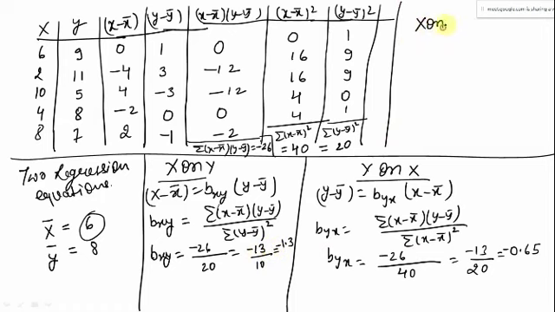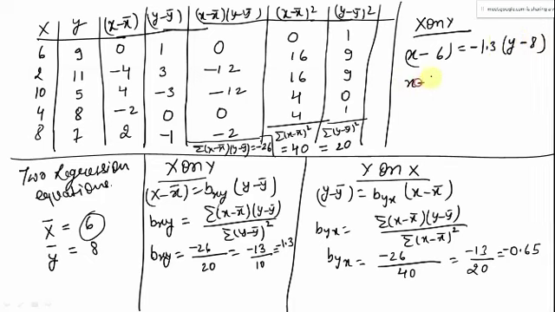For the x on y equation, if we find it out, we'll put all these values. So x minus x bar, which is x minus 6, is equal to bxy, which is negative 1.3, multiplied by y minus y bar, which is y minus 8.